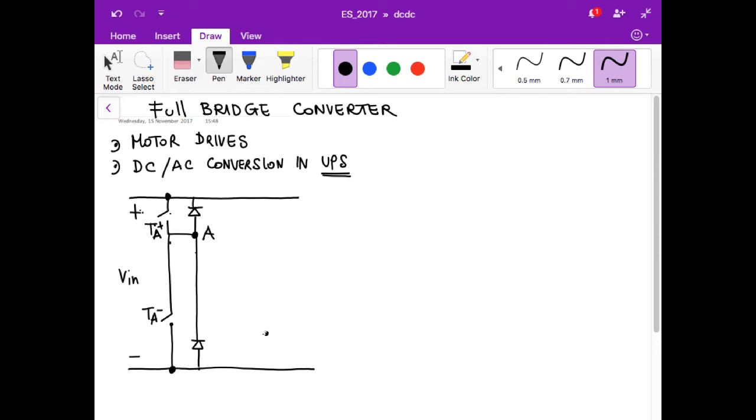And we have a second point B, which again can be connected to the high rail by a switch TB plus, and by a switch TB minus to the lower rail.